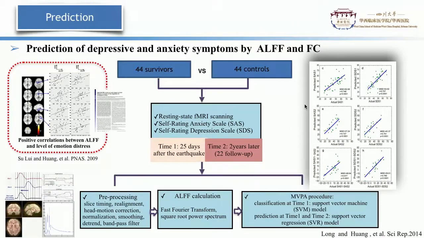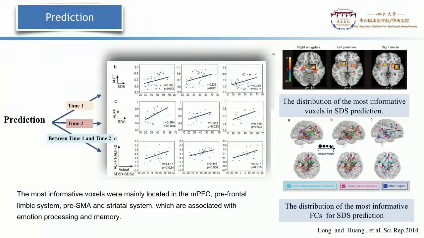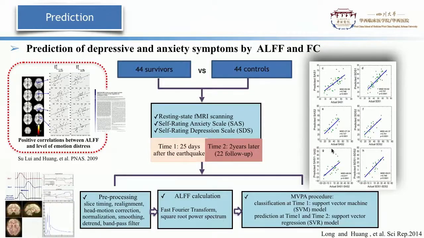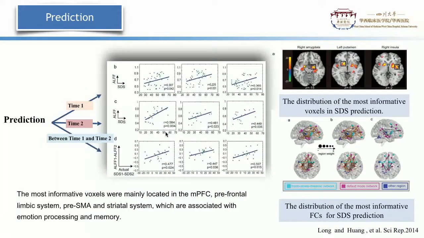What we found is that we can use the ALFF to predict the symptoms, and there is a very high correlation between the actual measurement and the predicted measurement in this figure. We can also show the distributed regions that are most informative for the SDS prediction, and some from the functional connectivity FC, which we can also use for SDS prediction.